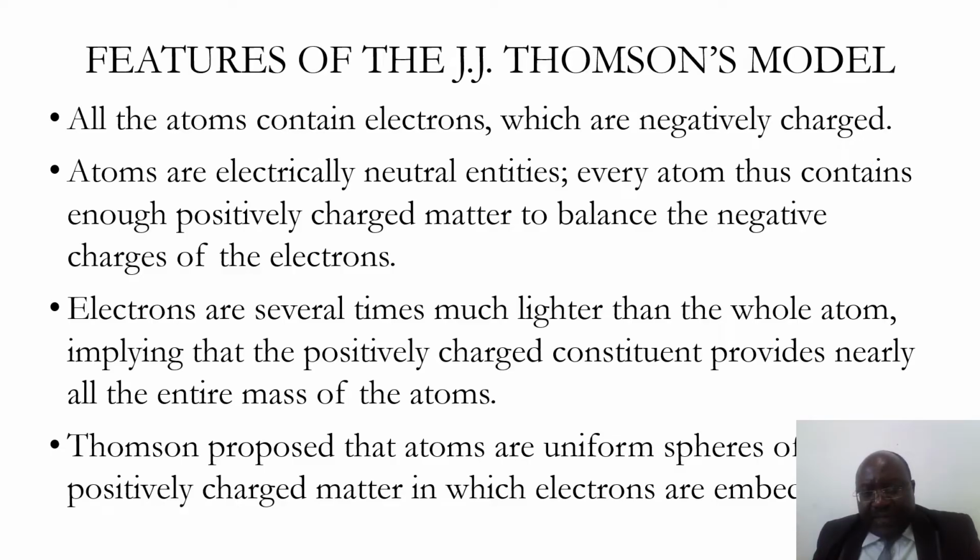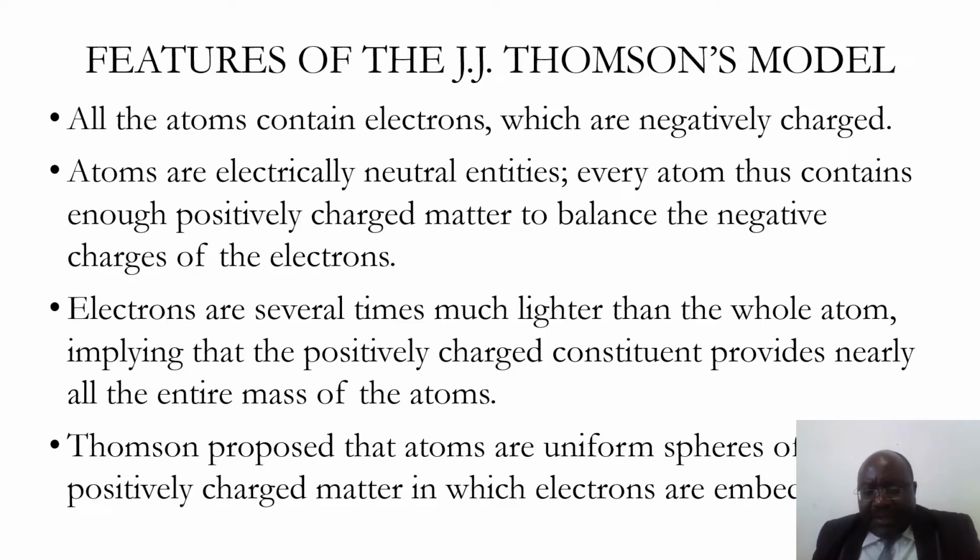We shall look at the features of the J.J. Thomson model. The features are: one, all the atoms contain electrons which are negatively charged. Two, atoms are electrically neutral entities. Every atom thus contains enough positively charged matter to balance the negative charge of the electrons.